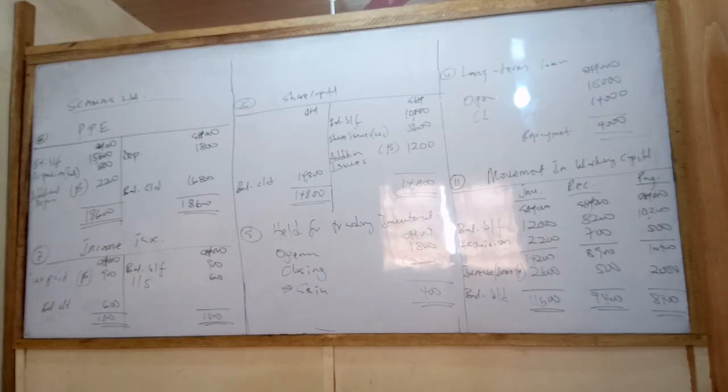It's 450 here. And we are told that this 450 includes two things: interest on loan and any gain on trading. So what is the gain on trading? 400. That means the finance cost is 50.